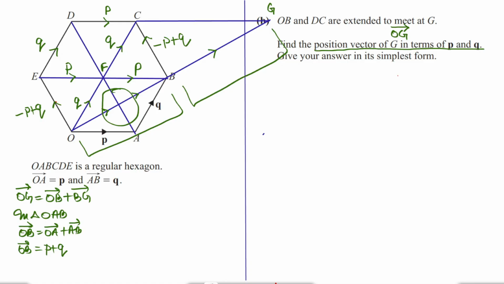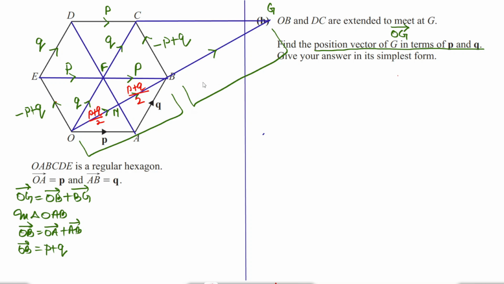Let us take this point as M. It means if OB is P plus Q, then this portion has to be P plus Q by 2, and this portion has to be P plus Q by 2 because diagonals bisect each other. If OB is 10, then these two have to be 5 and 5. Okay, so we found this.